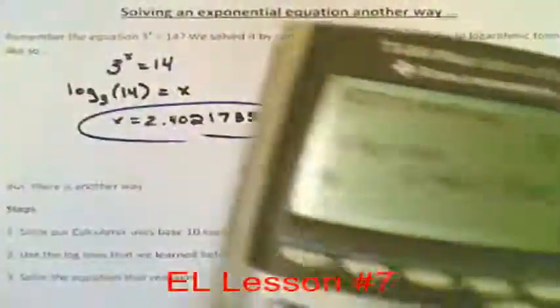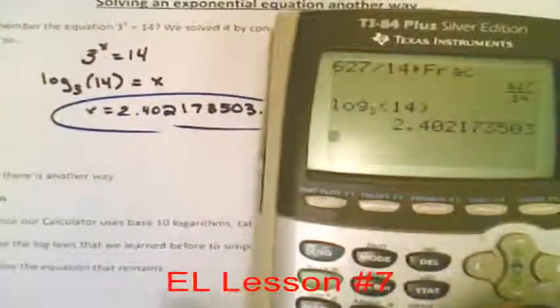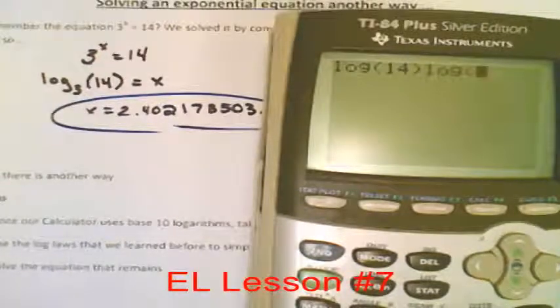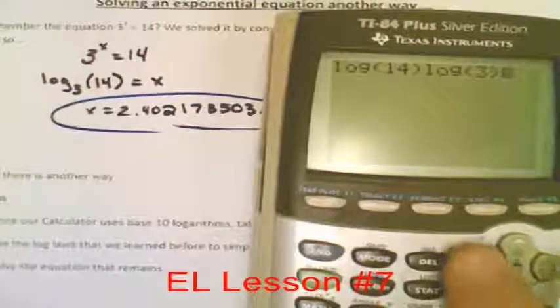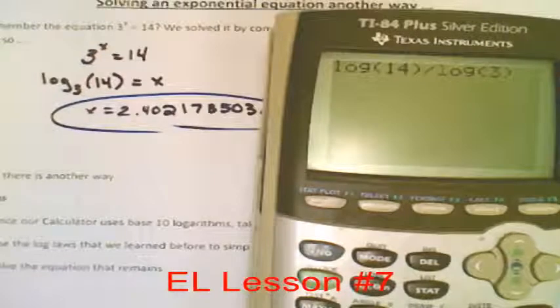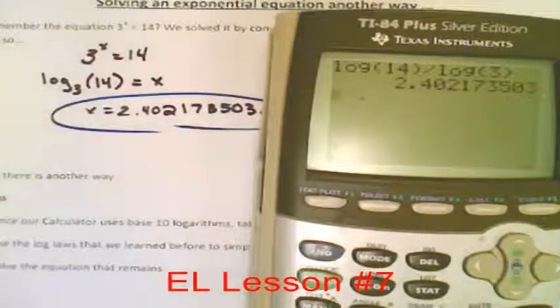Now, if you couldn't do it that way with the log base because you had the old calculator, remember that what you typed in is the ordinary log of 14 divided by the ordinary log of 3. Divided by, I missed the divide, so divided by that, and you'd get the same answer.